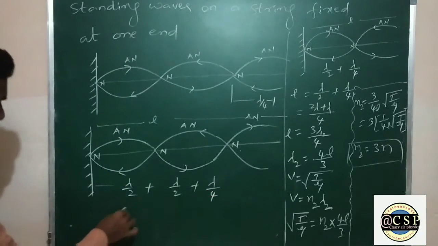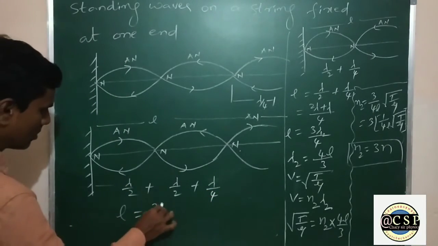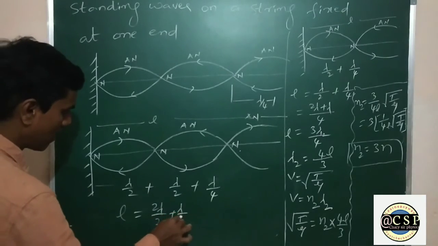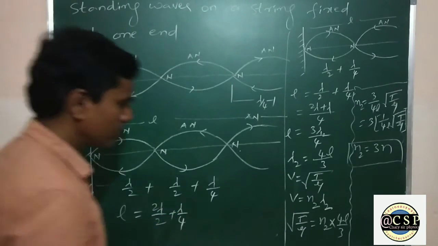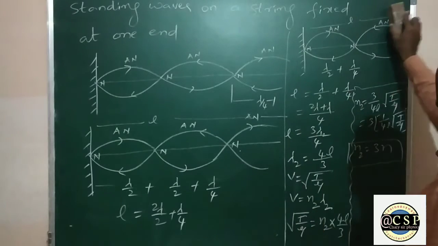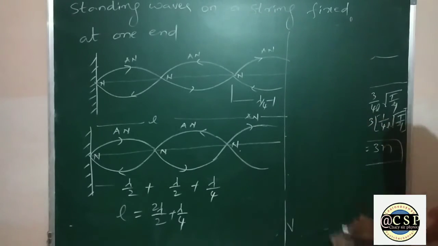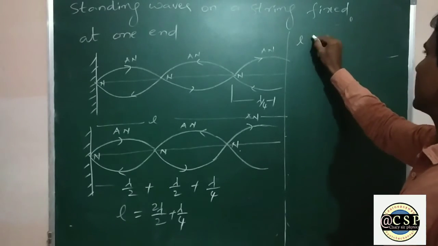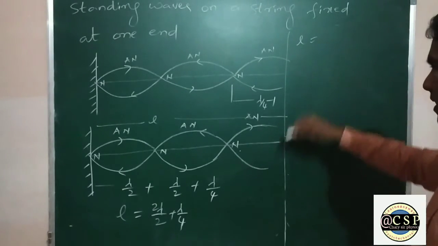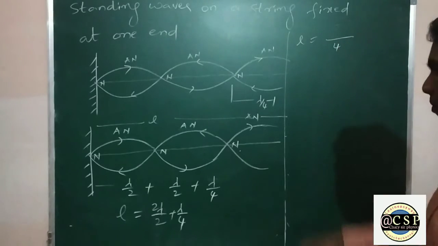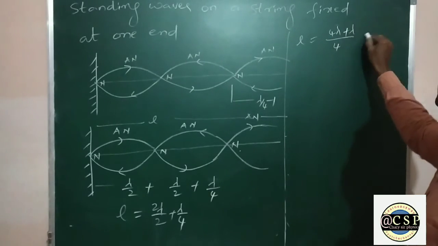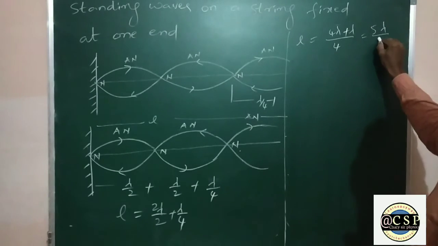So finally we can calculate that L is equal to 2 lambda by 2 plus lambda by 4. Finally, what is its length? L is equal to 4 lambda plus lambda, so finally it is 5 lambda by 4.